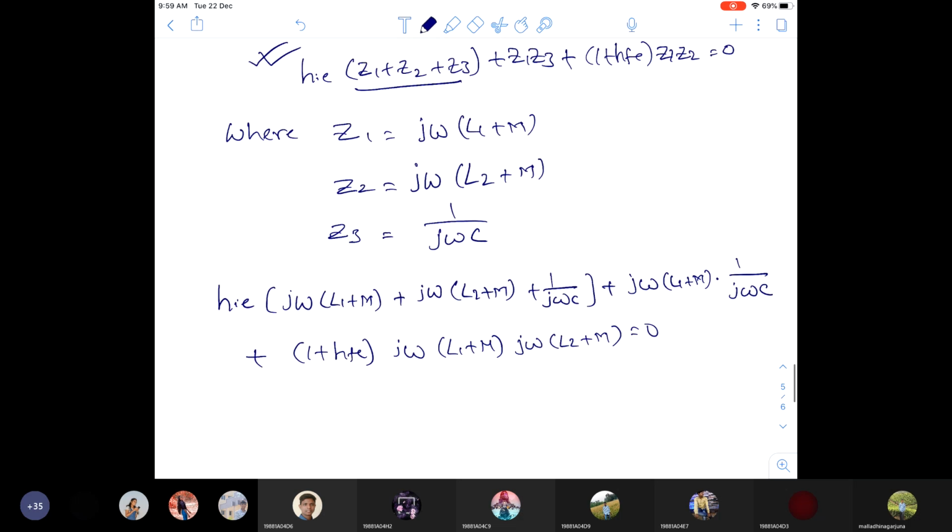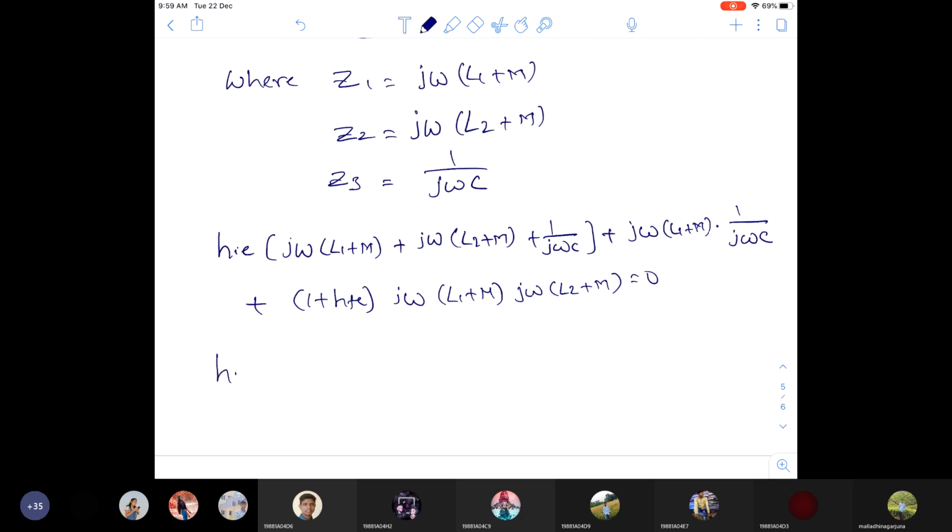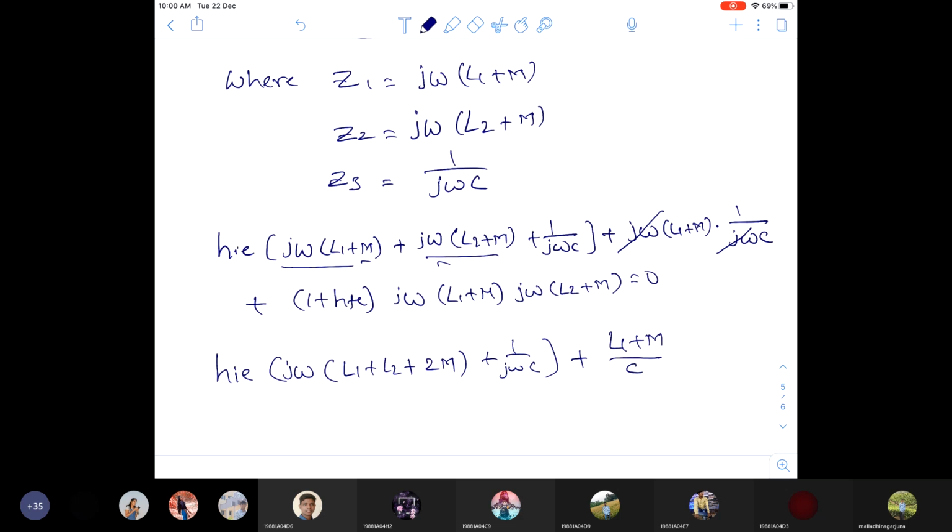Now from this, take j omega as common from the first two terms, and you will get j omega into L1 plus L2 plus 2M plus 1 by j omega C. From the next term, the j omega cancels, giving L1 plus M by C, plus 1 plus HFE.